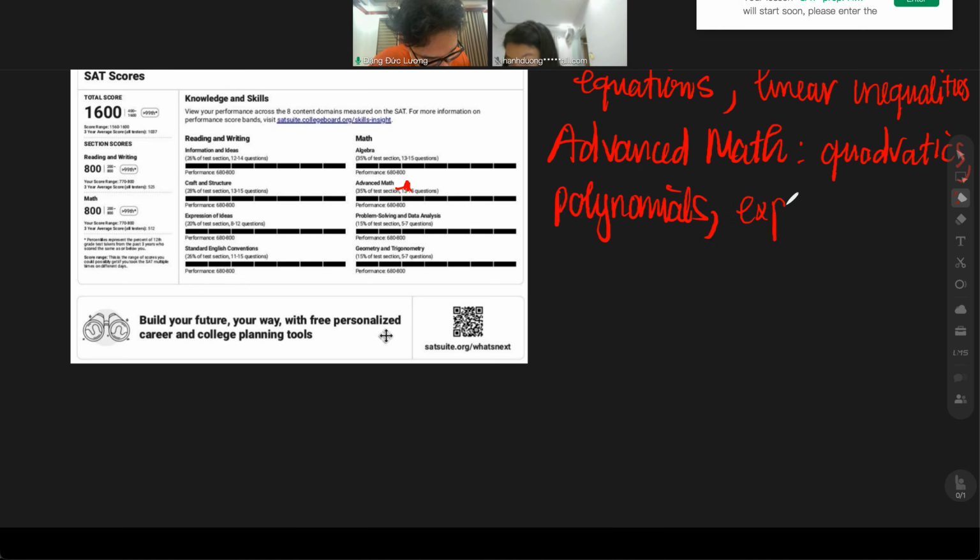It can be solved. All of this can be solved either by hand or by using Desmos. Do you know what Desmos is? You already know it, right?